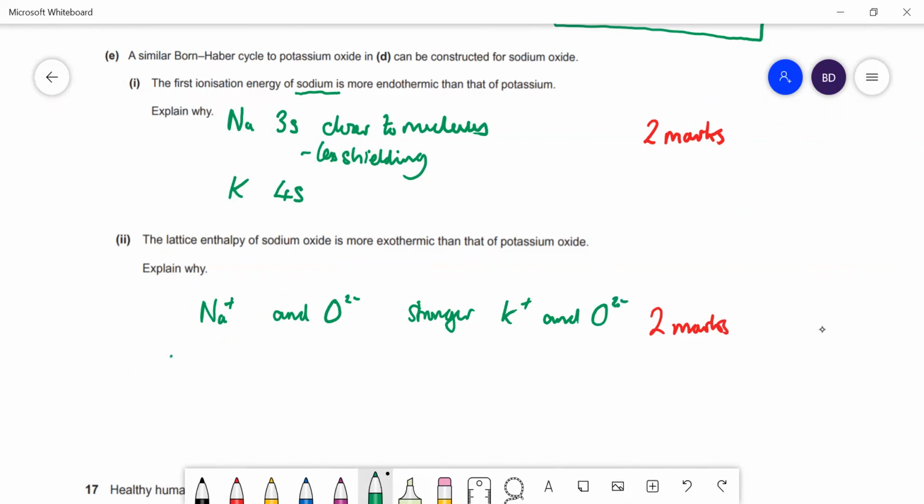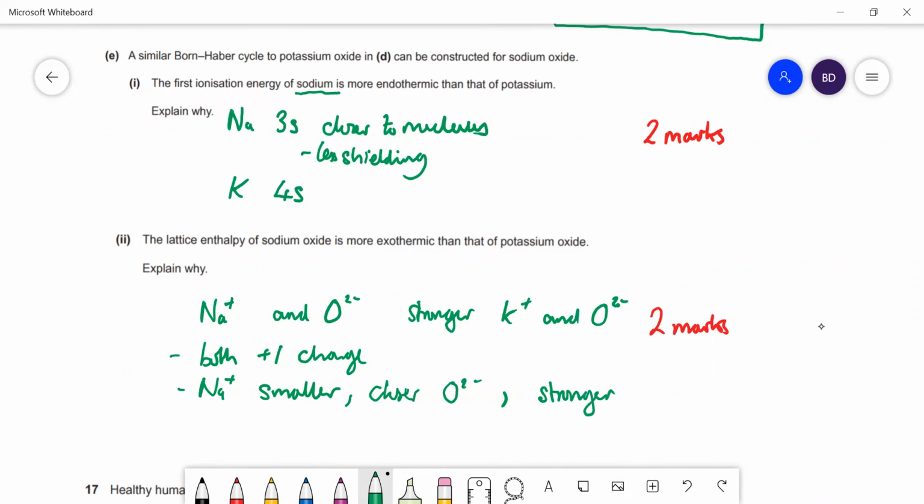Well, the reason for it is they've both got the +1 charge, but the sodium ion is smaller. It's smaller than the potassium ion, so it can get closer to the oxide ion, so there is stronger electrostatic attraction. I'd probably use those words in your answer, electrostatic attraction.